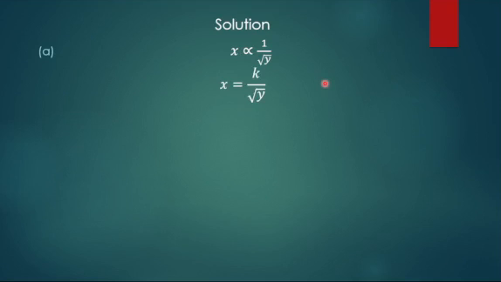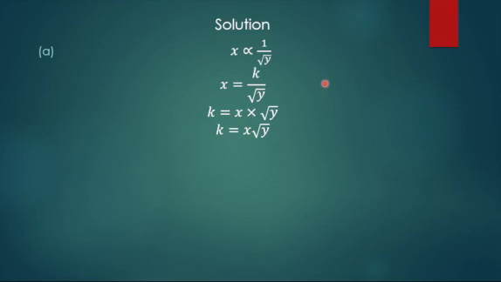So we need to introduce equal to sign and k. And then doing that, we have x is equal to k over root y. I have already explained this to you, so let us not waste time. Let's go ahead. So finally, you have k is equal to x root y.